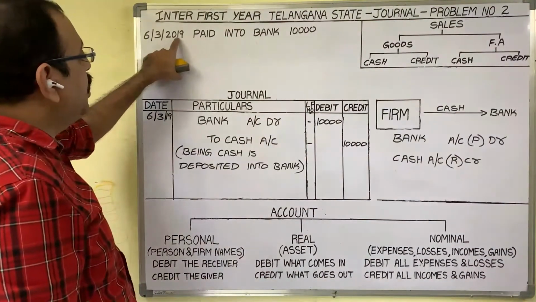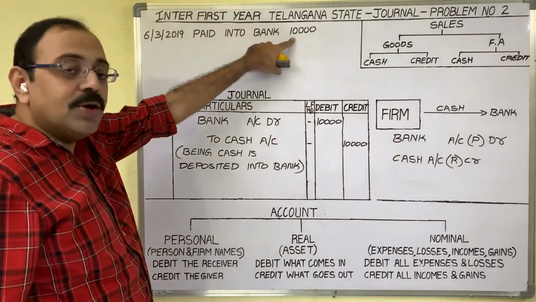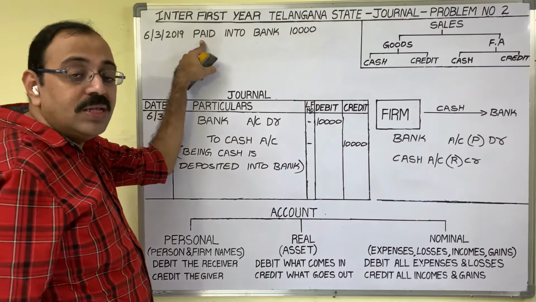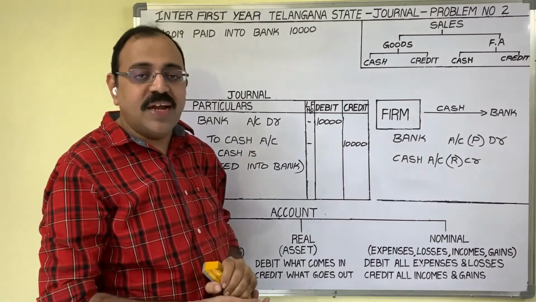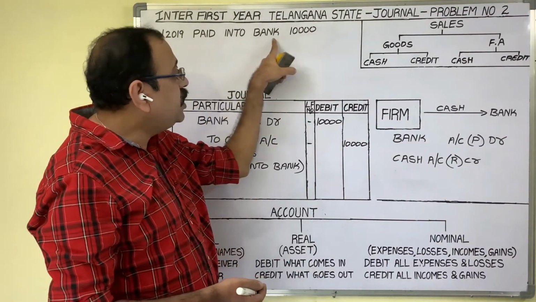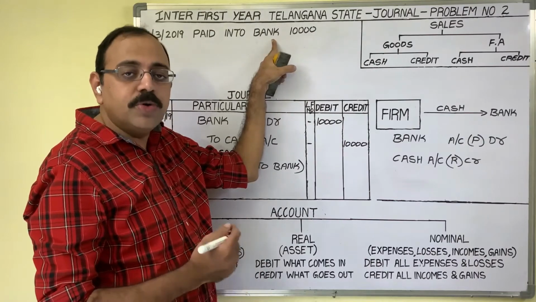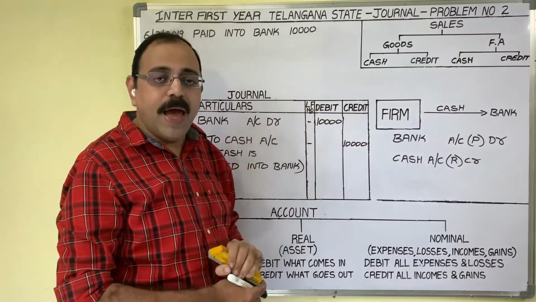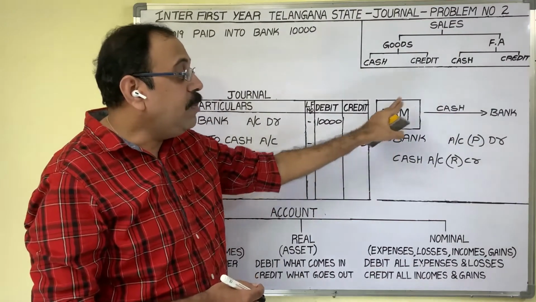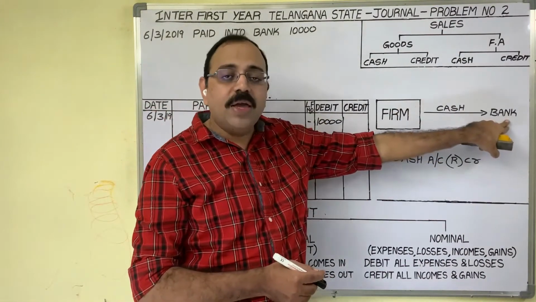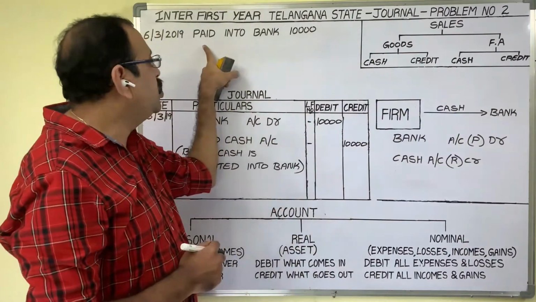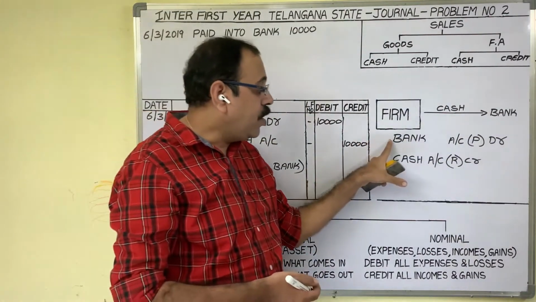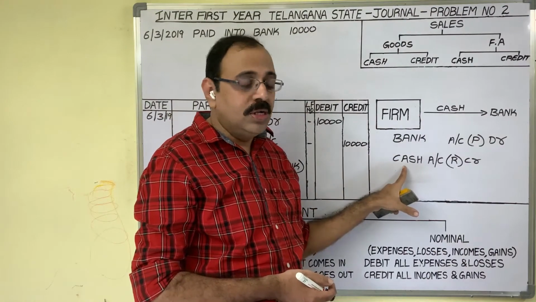6th day transaction is paid into bank 10,000 rupees. By seeing the word paid, don't think that this is an expenditure related transaction. There is no expenditure name like salary, interest, postage. We are maintaining a current account in one bank. We deposited money in our bank account. Here paid means deposited. Two accounts are bank account and cash account.